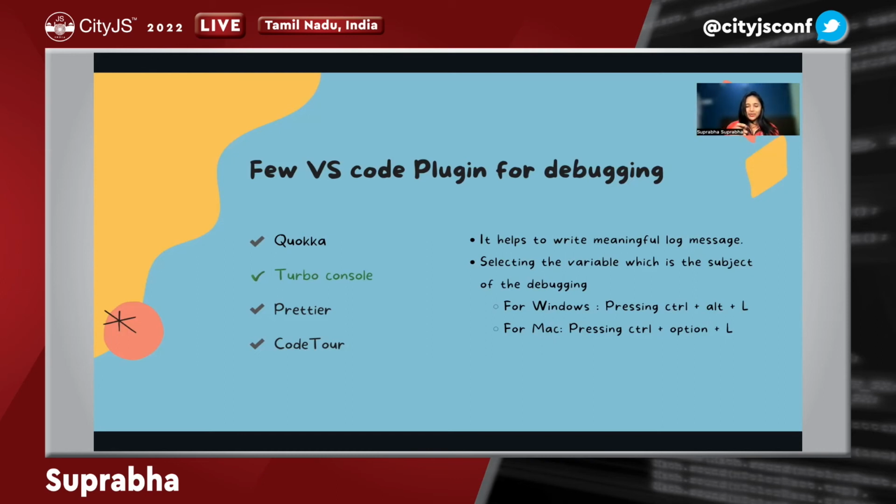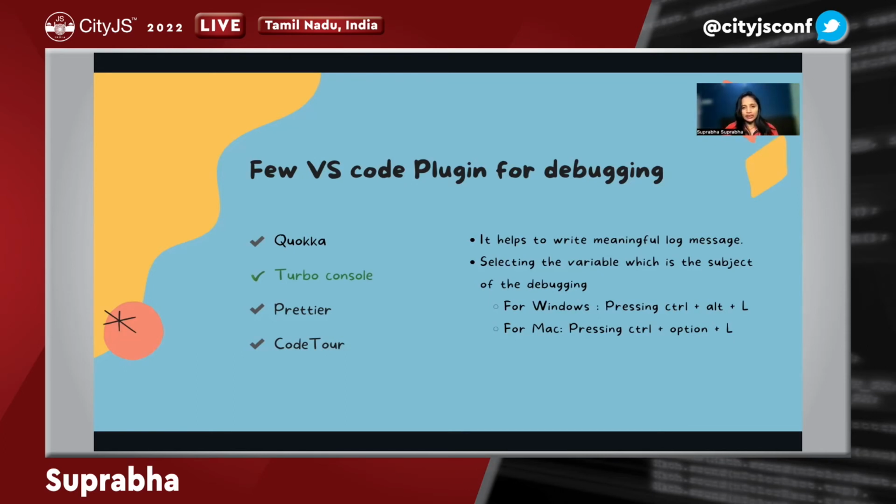Instead of that, you can just install this plugin. You can just press Control Option L for all the variables you want to console log. That will write the proper message with the line number. Like if the line is the 17th line, it will put the 17th line there and then the variable.